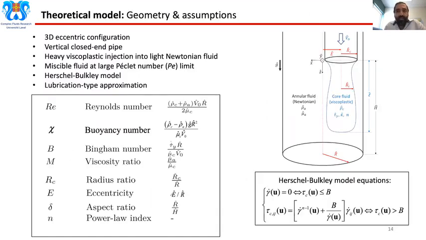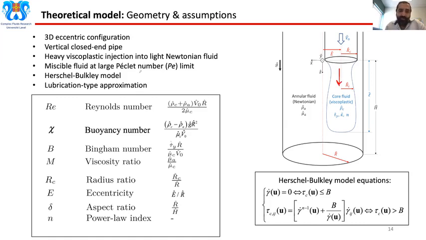The theoretical model considers the schematic that you can look at here. It consists of a 3D eccentric configuration, similar to our experiments: a vertical closed-end pipe, with heavy viscoplastic fluid coming down into light Newtonian fluid.